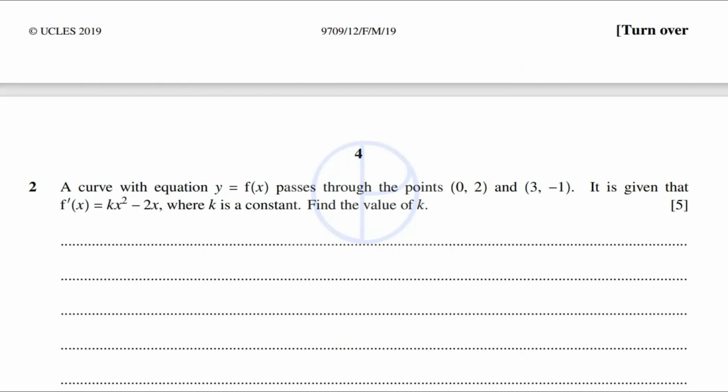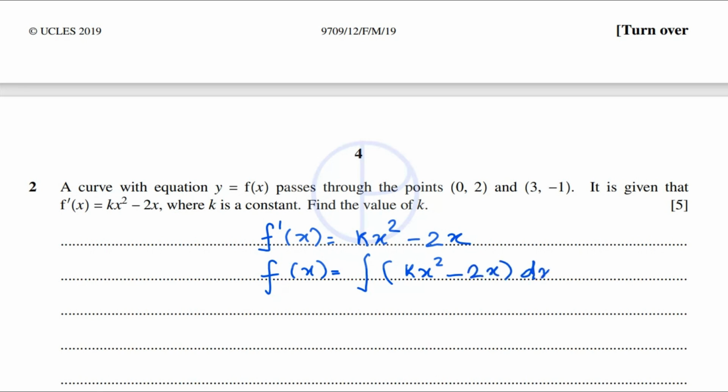First, it's given the curve y equals f of x passes through the points (0, 2) and (3, negative 1). We will substitute these two points, and for that we need f of x. Let's find f of x from f dash of x, which is kx square minus 2x. So f of x is the integral of kx square minus 2x dx.